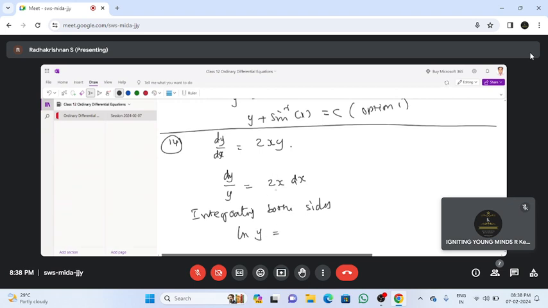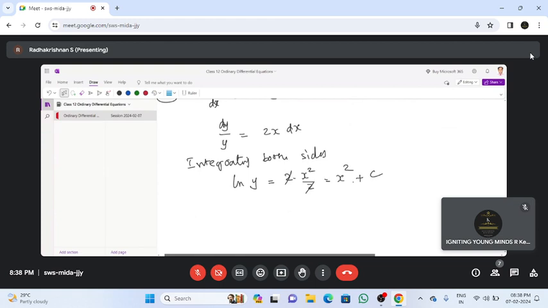The integral of x dx is x square by 2, multiplied by 2. Correct? Yes, sir. So ln y equal to x square plus c. After this we have to be a little careful. Separate it as ln y minus c equal to x square, or write the constant as ln k.